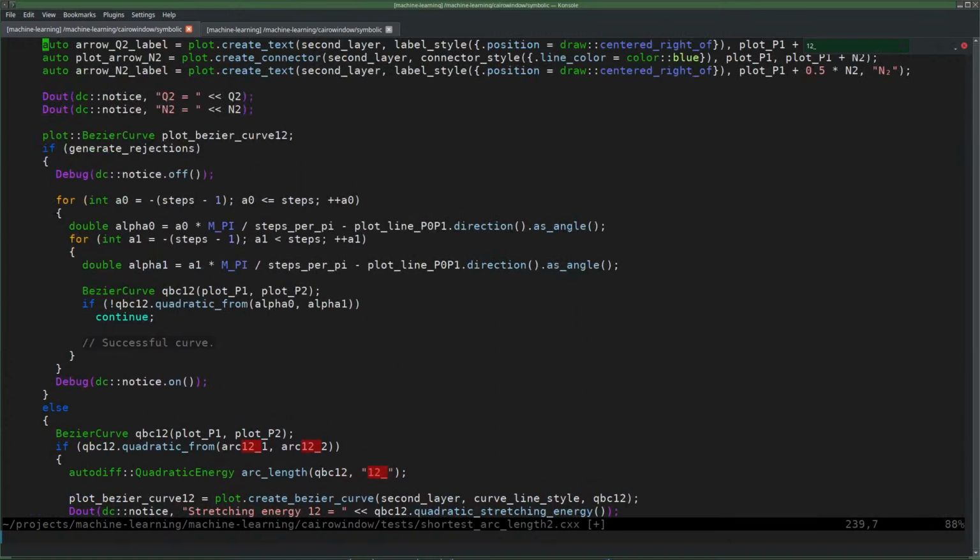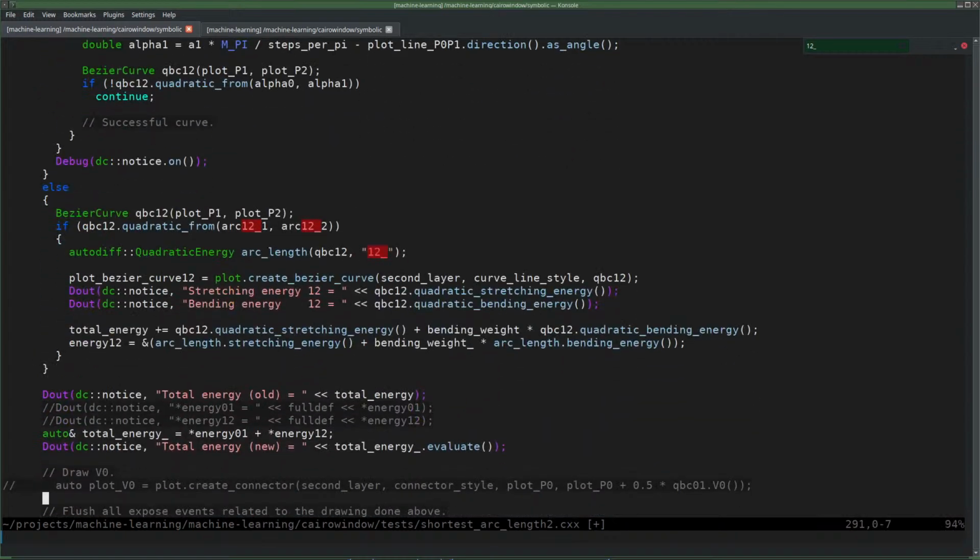Let's see, generate rejections. Can't do this while generating rejections. Continue. Successful curve, but then we do have an else. And this is where I have those things.